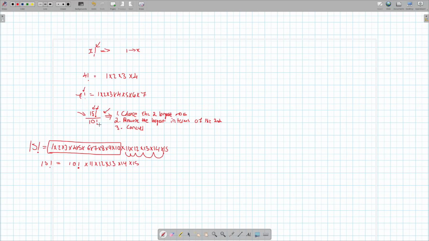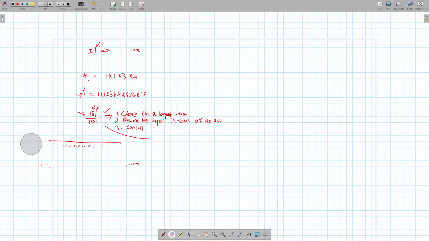So I can rewrite this over here as 10 factorial times 11 times 12 times 13 times 14 times 15 over 10 factorial. Now can I cancel? Yes, this with this. You'll be left with 11 times 12 times 13 times 14 times 15. Okay, so instead of all this yap, I'll give you a quick way.